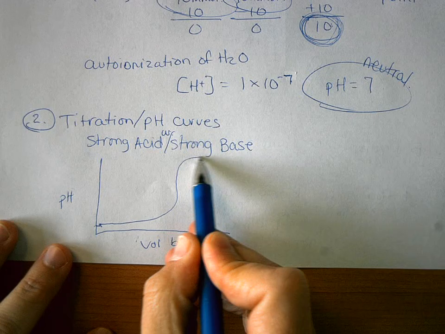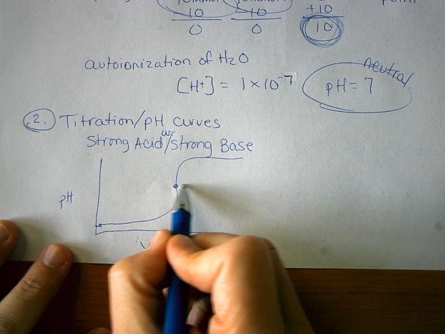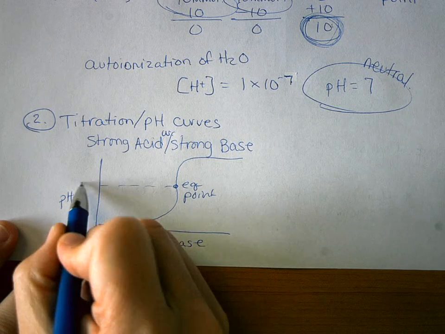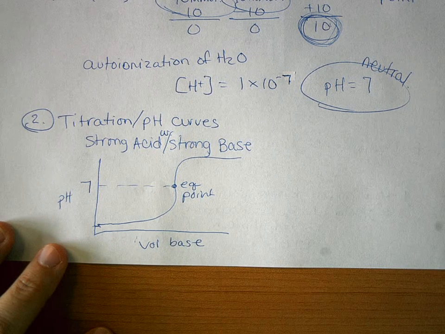We already talked about this. This is my equivalence point, and that pH for a strong acid and a strong base is 7.